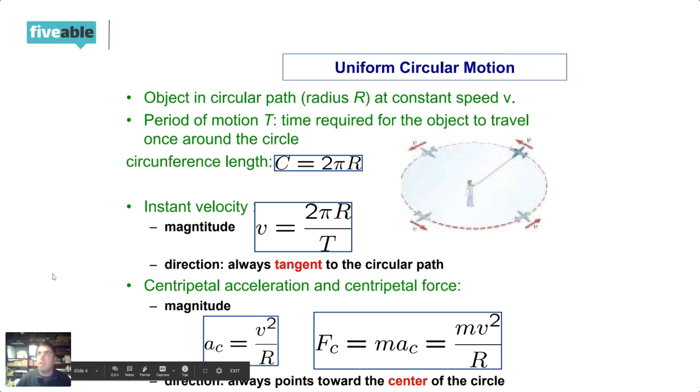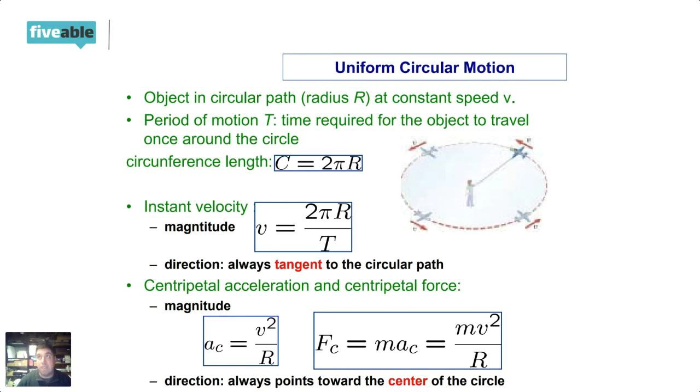Right. Uniform circular motion, here's the rest of the stuff here. So we've got an object in a path at a certain radius at a constant speed. Again, constant speed, not constant velocity. The period, capital T, is the time required for the object to travel once around the circle.